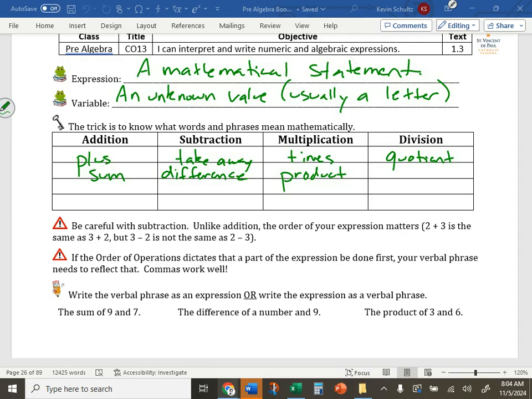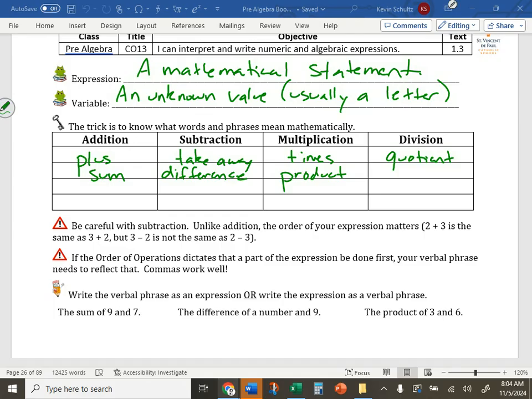If you're finding the difference between two values, you want to know how far apart they are on the number line. So if you're finding the difference between, say, 10 and 7, the difference is 3. 10 is 3 away from 7. You could find that by taking 10 minus 7. So when you see the words sum, difference, product, quotient, it means the answer to.